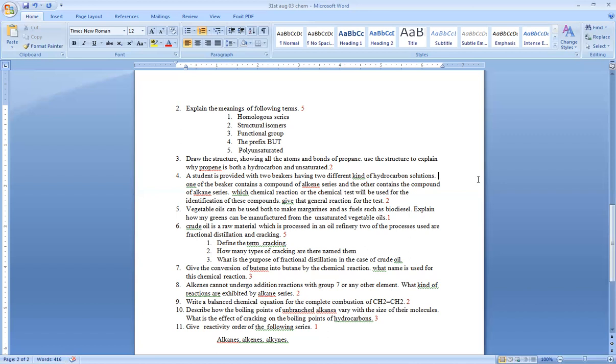Now, moving towards the next topic: vegetable oils can be used both to make margarines and as fuels such as in biodiesel. Explain how margarines can be manufactured from unsaturated vegetable oils. You have to tell how margarines can be manufactured from the unsaturated vegetable oils.